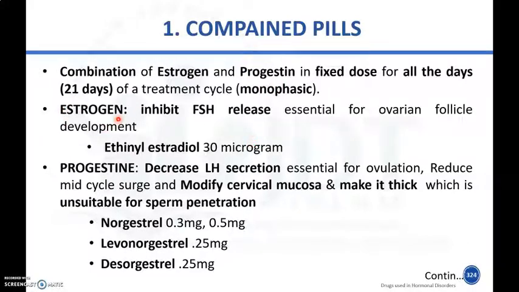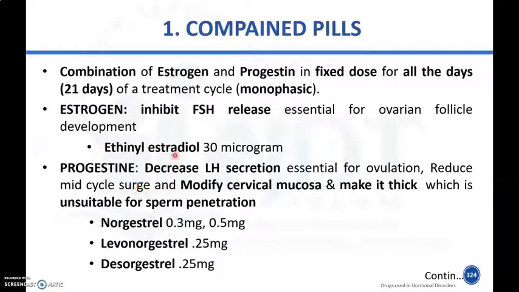Now what is the use of estrogen in this combined pill? Estrogen will inhibit the follicle stimulating hormone release, which is essential for ovarian follicle development. Usually a synthetic estrogen like ethinyl estradiol 30 microgram is used in this combination.